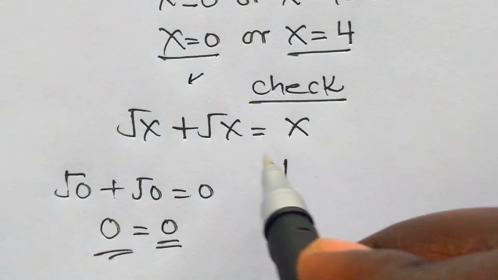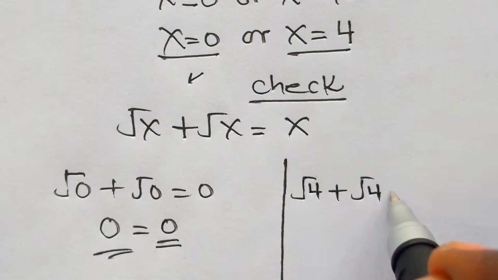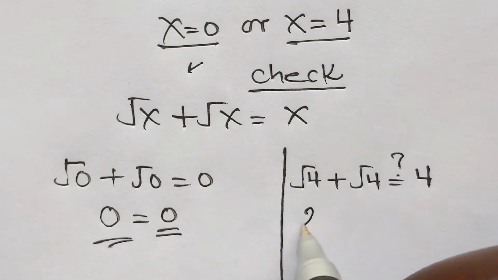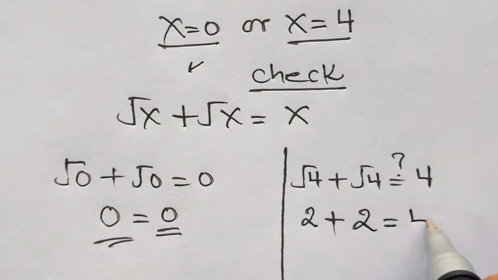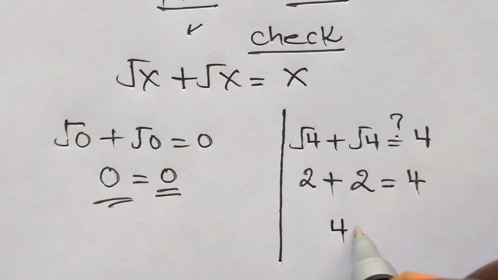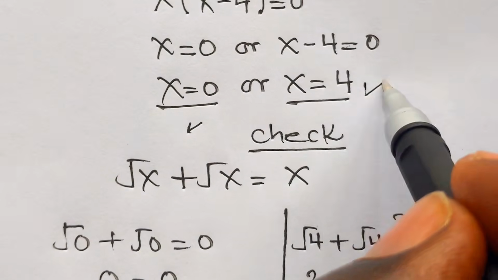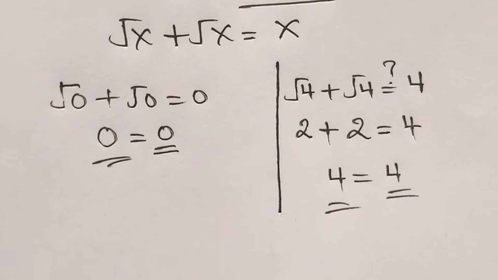For x equals 4, square root of 4 plus square root of 4 equals 4? Square root of 4 is 2, plus square root of 4 is 2, which equals 4, and 4 equals 4, which means this is correct.